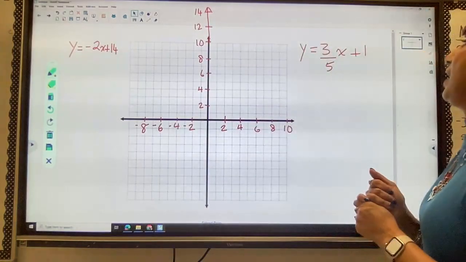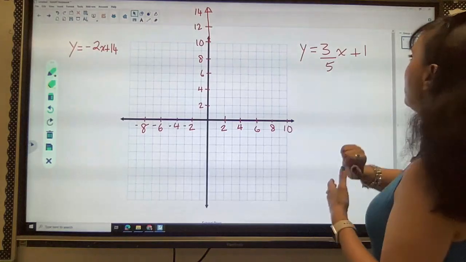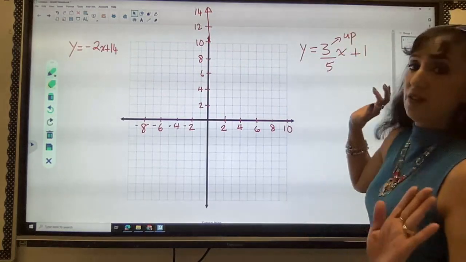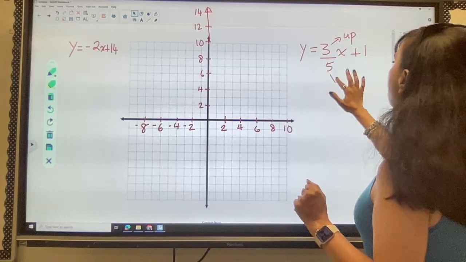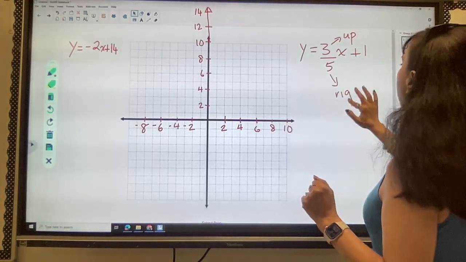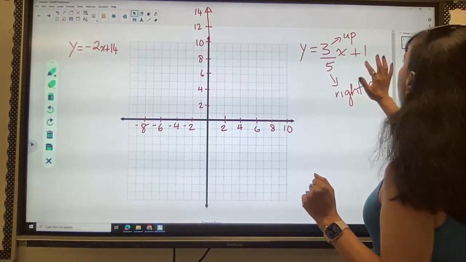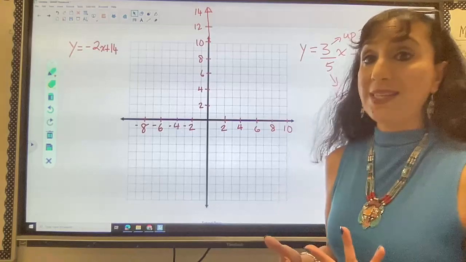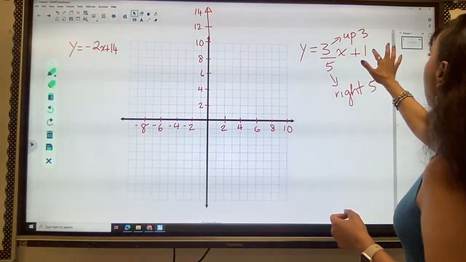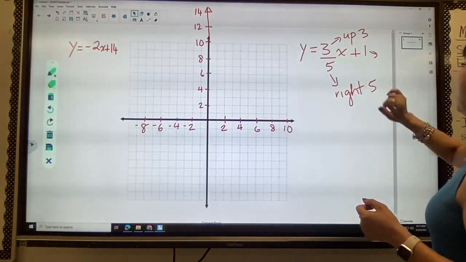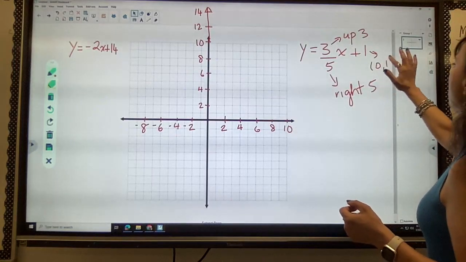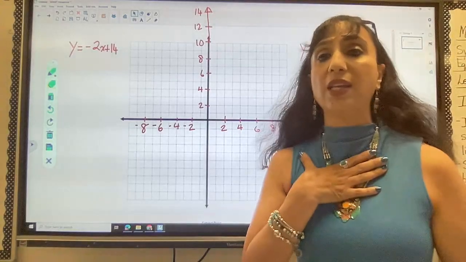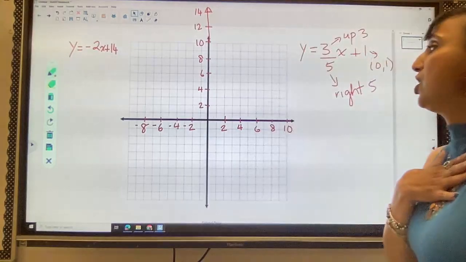If I look at this one, we know that this is going to go up. It's a positive slope, and it's going to move right 5 and go up 3, because rise over run is my slope. And what's my y-intercept? This is 1. So my ordered pair is going to be 0, 1, and that's where the line is going to cut the y-axis.